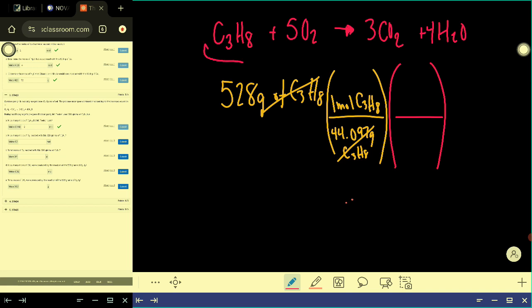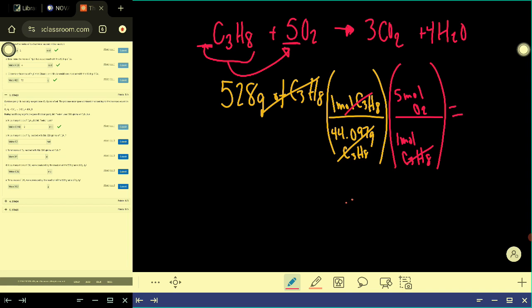If I want to go from moles of the hydrocarbon to moles of the oxygen required, there is no prefix, so that's a 1, and there's a 5 here. So it is 1 mole of C3H8 for 5 moles of O2. Now I'm in moles of O2, which is what I wanted.